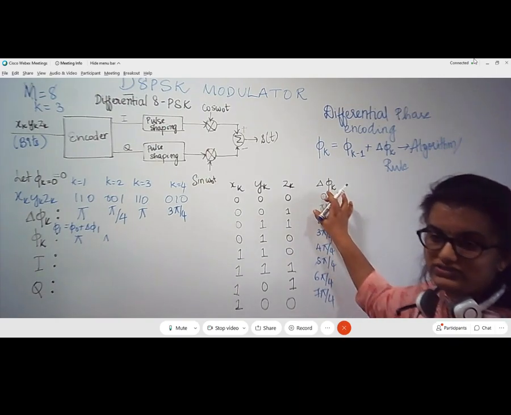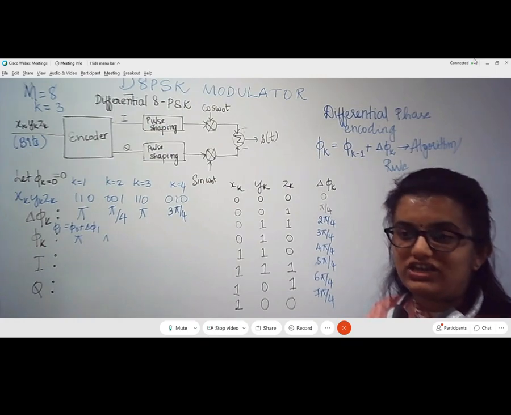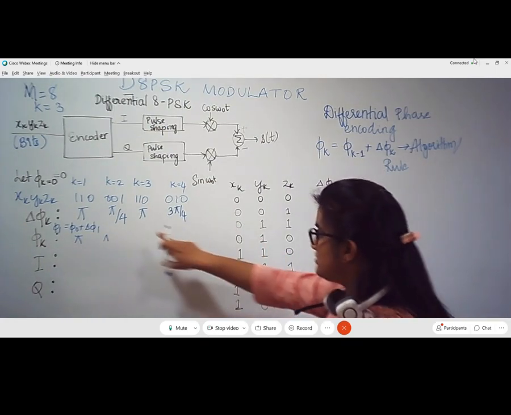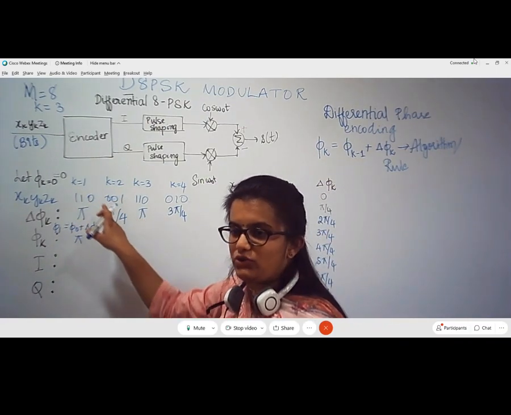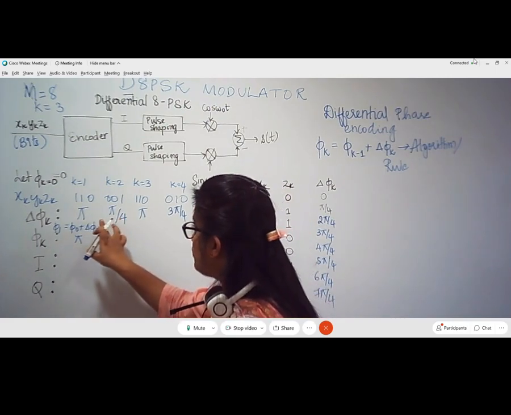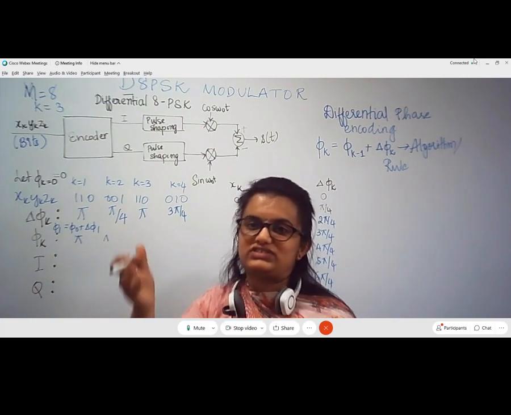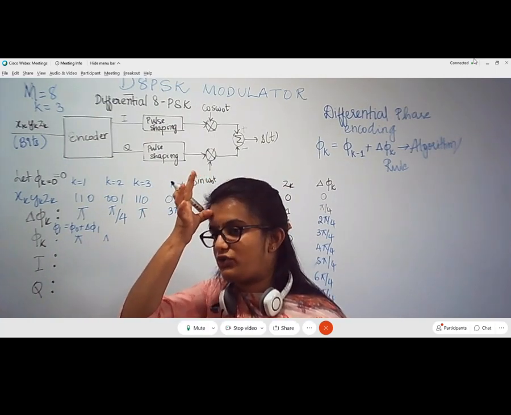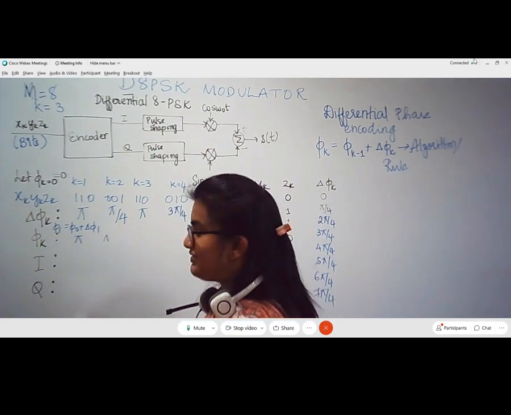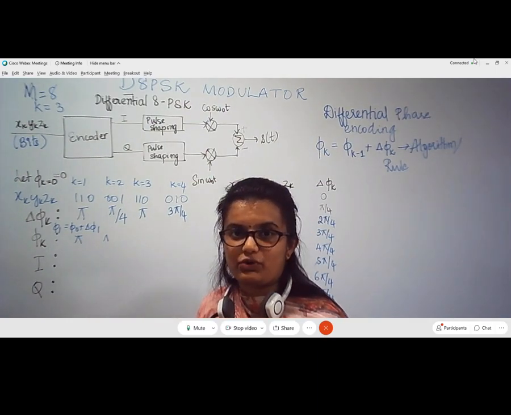But we are not going to send these bits as is, but rather we are going to do differential phase. That means in order to send this symbol after this symbol, I'm not going to send pi and pi by 4. Instead, I'm going to take the difference between the two phases. Only the difference I'm going to send. I'm not sending the absolute information, so that we can recurringly depend on the previous bit, and then reconstruct the information.